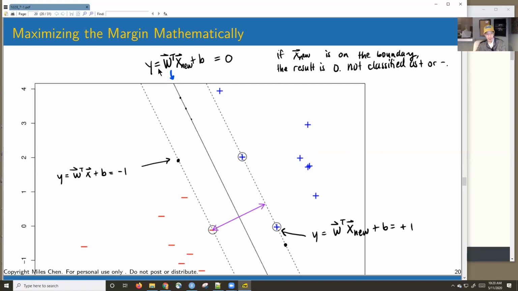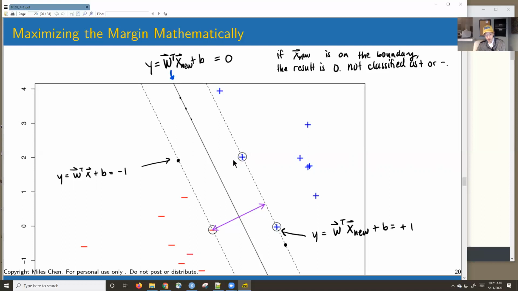Okay, so I've labeled this with my pen here. All the dots along here will define the hyperplane, and that's where we're going to have w transpose x plus b equal to 0. If x new is on this hyperplane itself, it's not going to get classified as plus or minus.